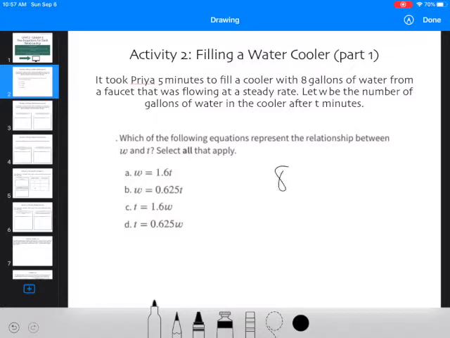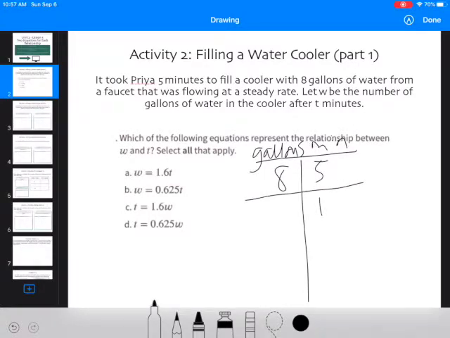So I have my 8 gallons in 5 minutes, and I want to figure out what it is for 1. So I'm going to divide by 5. I'm going to use my calculator, 8 divided by 5.